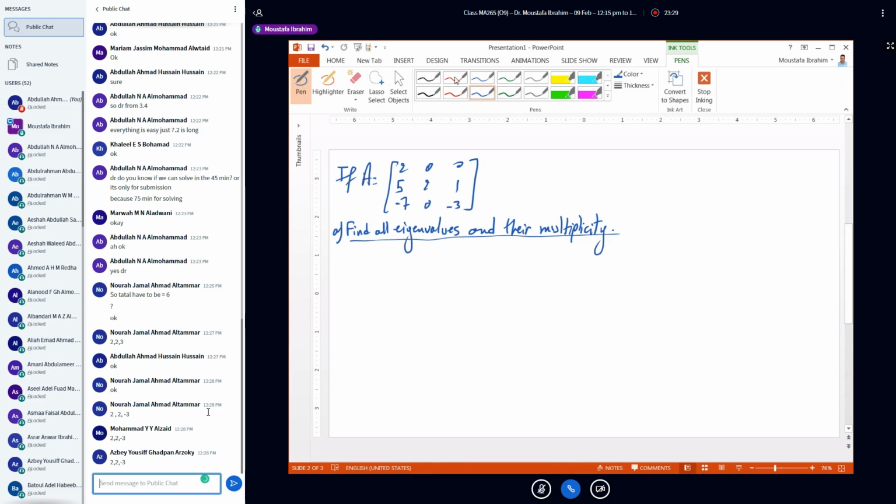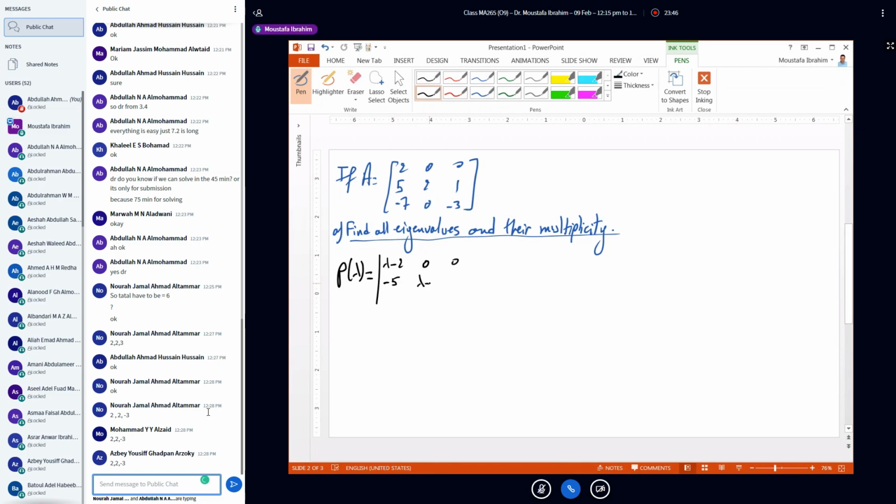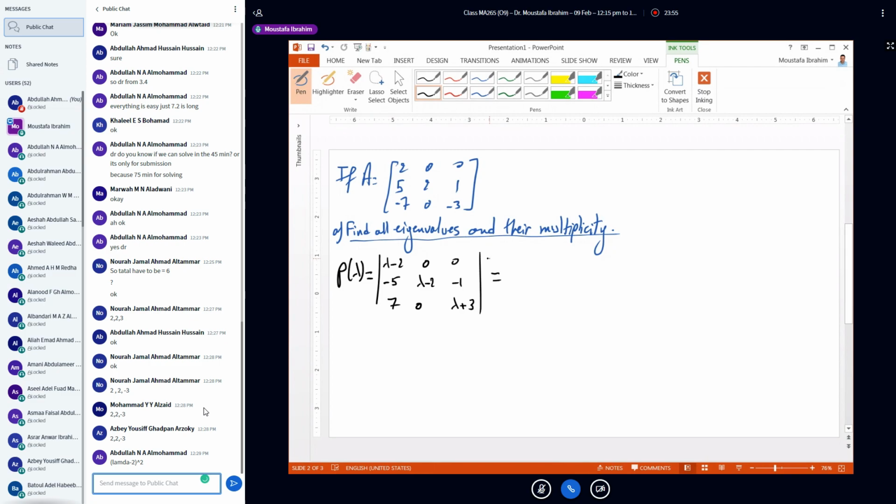So let's do it in black. P lambda. And what's the multiplicity of 2? Since it's repeated 2 times, here it will be lambda minus 2, 0, 0, negative 5, lambda minus 2, negative 1, 7, 0, lambda plus 3. If we do cofactor expansion along the first row, we get lambda minus 2.